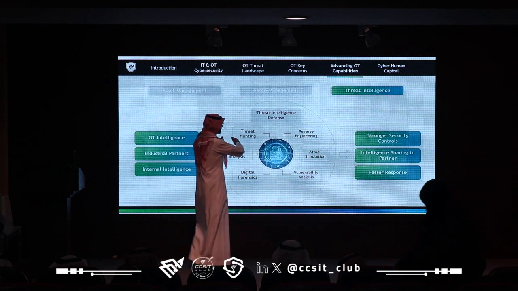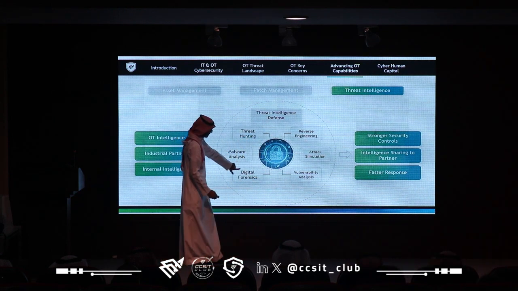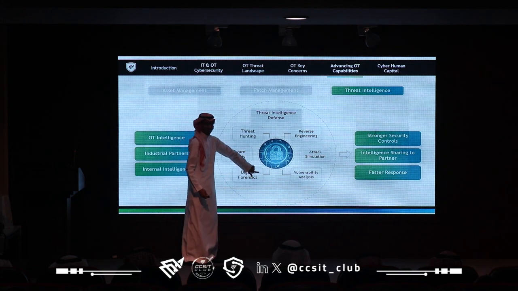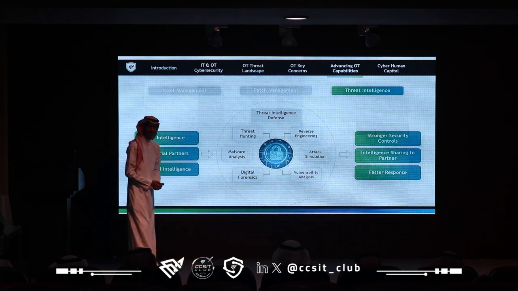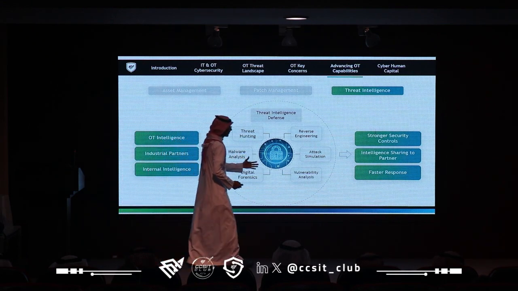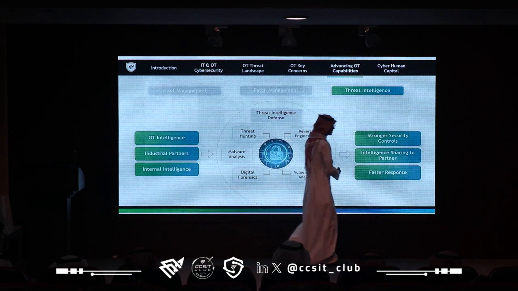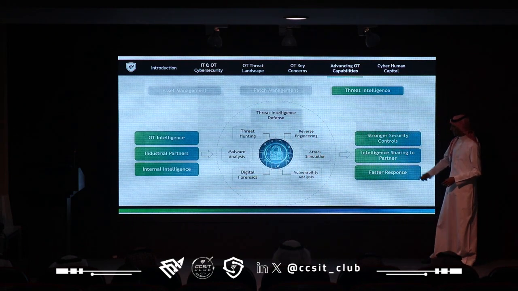We take this data and embed it within our intelligence platform. And there what comes is the digital forensics, which is a key name, mashallah, in the degree that is being provided. Reverse engineering, threat hunting. Why do we need to do all of this? To be able to have stronger controls, intelligence sharing partners, and faster responses.